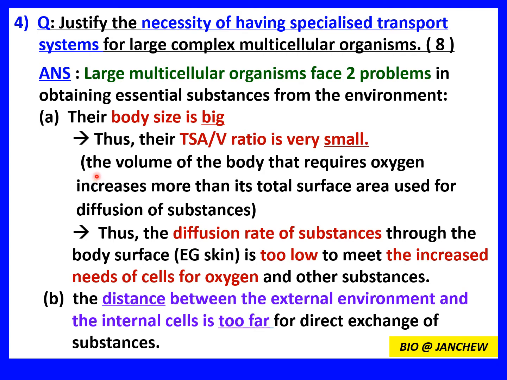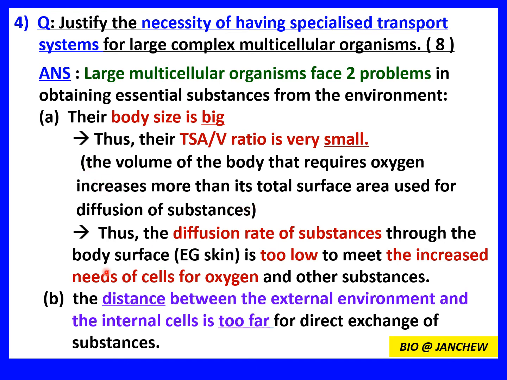And this means that the volume, the V, of the body that requires oxygen increases as x cubed, more than its total surface area, which increases as x squared, the length squared, used for diffusion of substances. Now, this point in brackets, you do not need to write down in your answer. I just put it here so that you can understand the explanation more. So no need to write the explanation in these brackets.